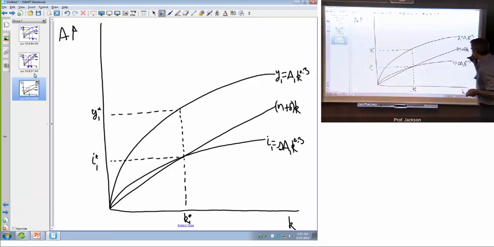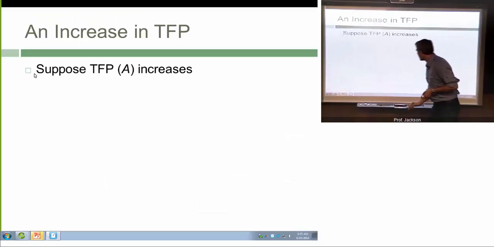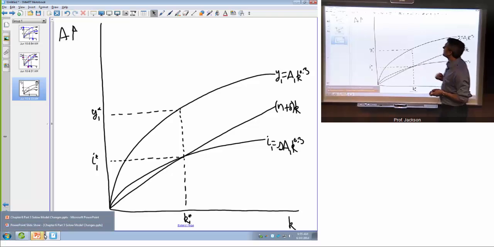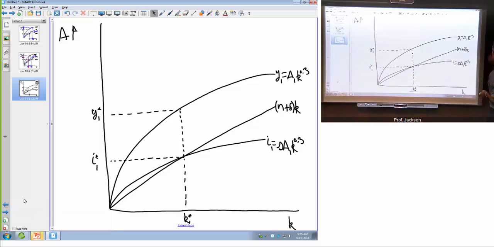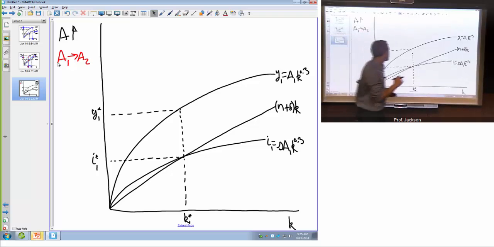we have our initial setup here. And so we're going to assume that total factor productivity is going to increase from A1 to A2, okay?